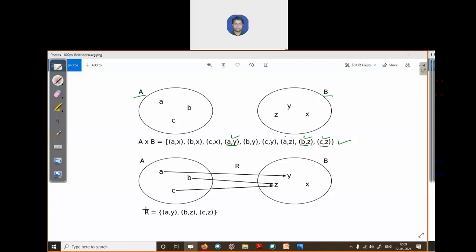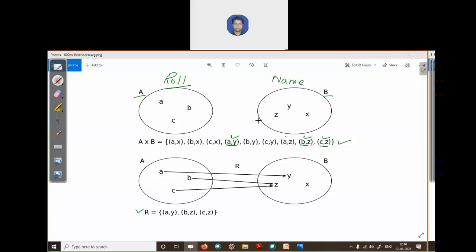Now it's showing one relation. Here A is one set and B is one set, and this is how the elements are related: A is related to Y, B is related to Z, and C is also related to Z. Just consider A is your roll number and B is the name of the student.